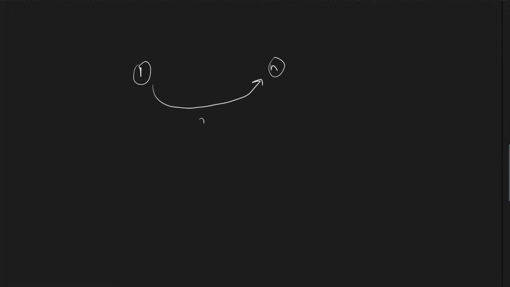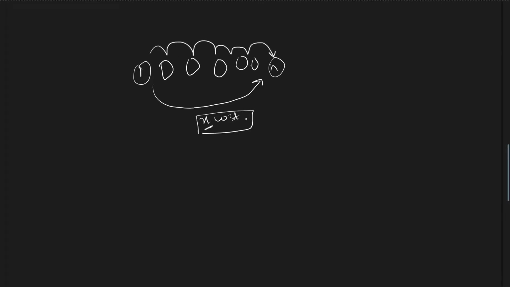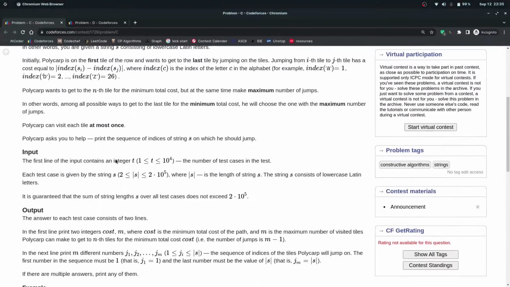Let us assume that the minimum cost is x, the minimum cost to reach n from 1. Now you have to maintain this cost while also increasing the number of jumps. The number of jumps should be maximum and the cost should be equal to x. So this is our final question.